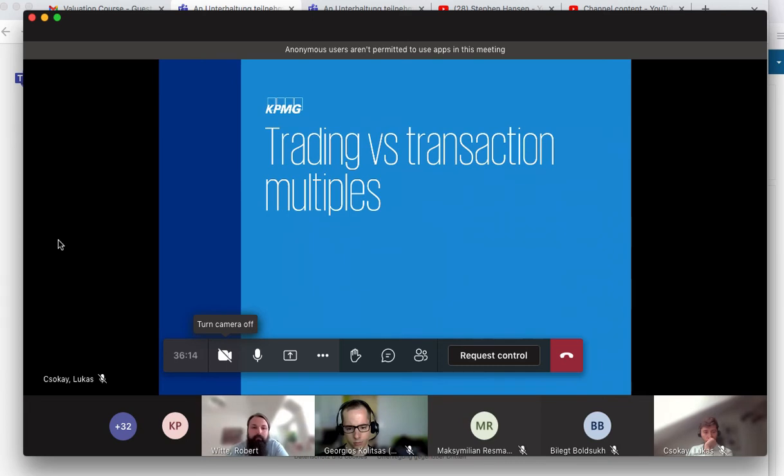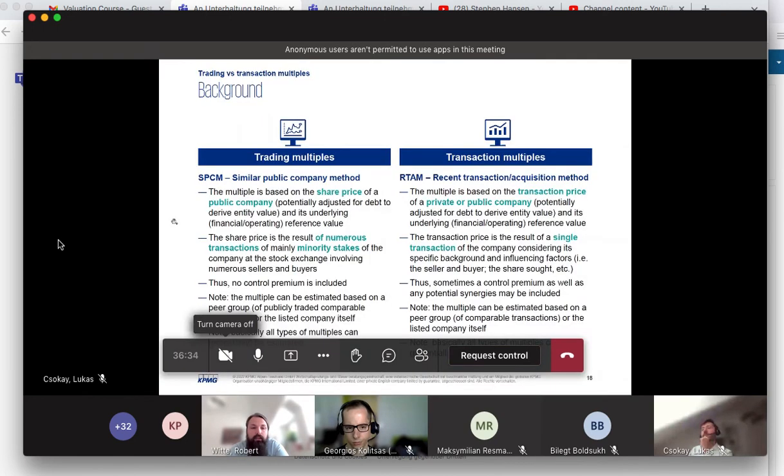Okay, so apart from the different types Lucas just presented, there's another, let's say, category, which is trading versus transaction multiples. And what Lucas just presented is really which reference value do we use, whether we want to use EBITDA or price or the book value, or again, oil reserves.